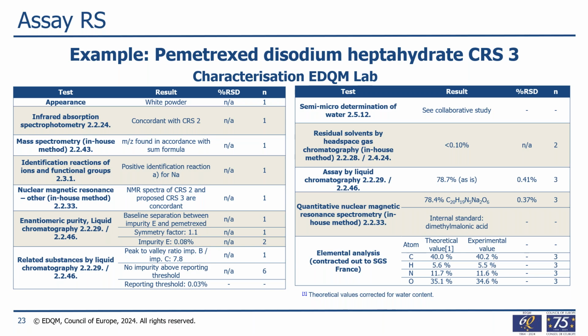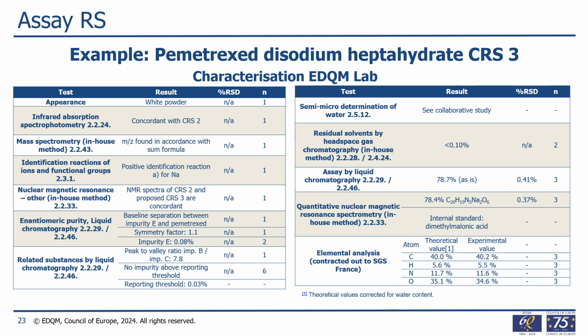Some of these tests are of course also used for the mass balance approach, as I will explain in a minute. And we performed the analysis of volatile materials by a combination of water test and residual solvents. And we verify the assigned content, which I will show in a minute, by assay against the previous material and quantitative NMR and elemental analysis.